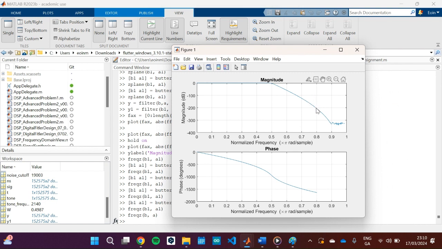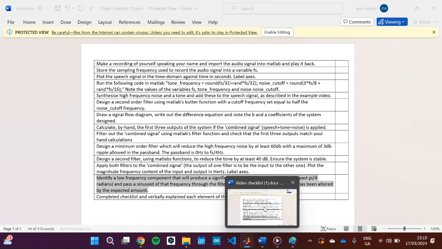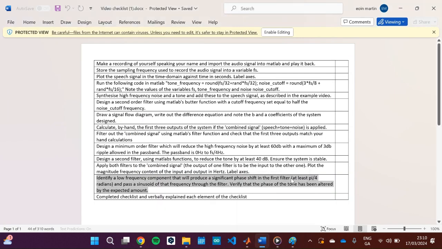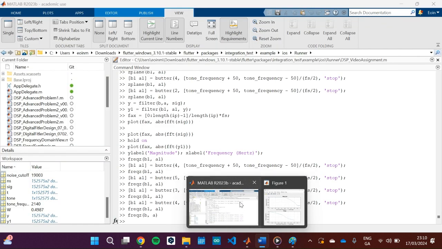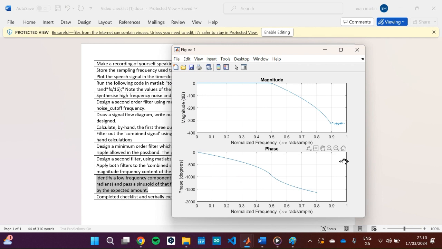So I'm looking for a phase shift of pi over 4 radians, which would be about 0.25 normalized because I'm not plotting it yet. Okay. Look for the frequency at that point.